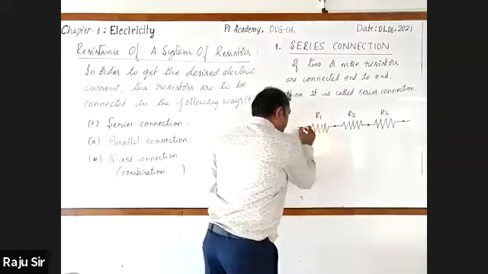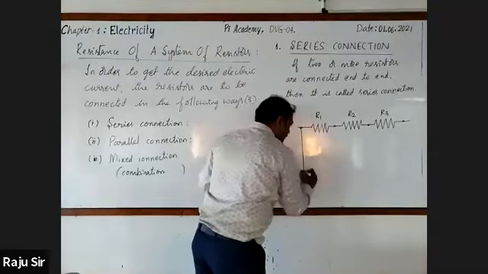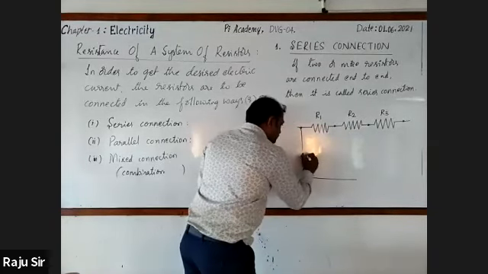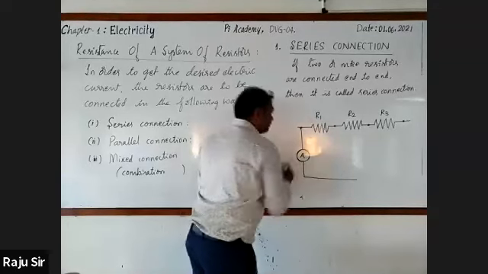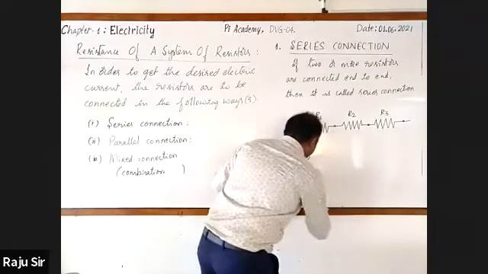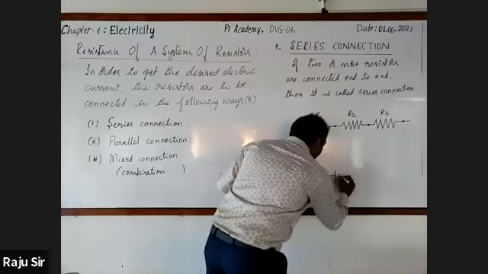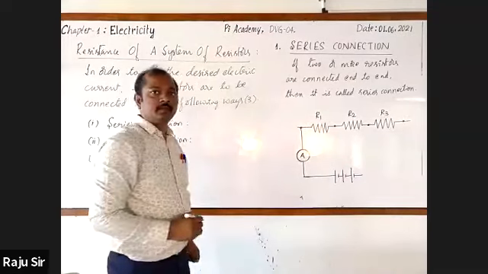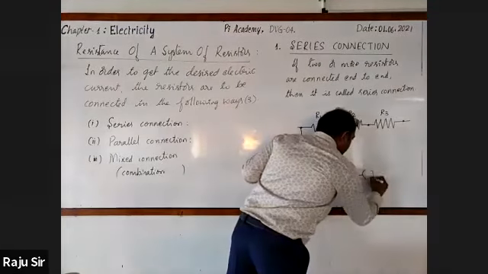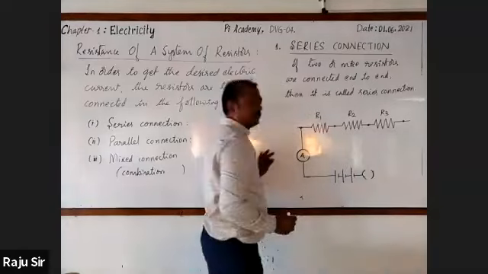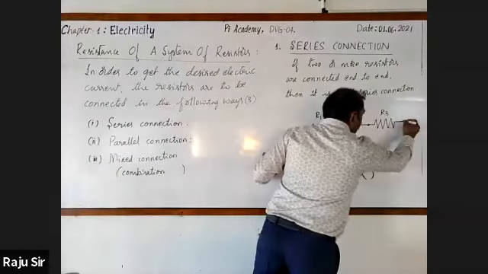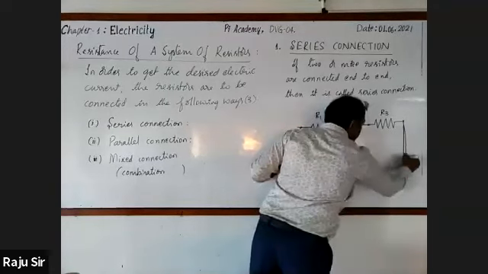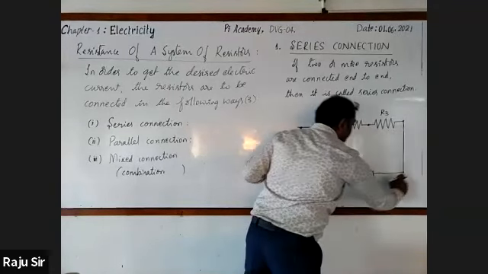So now let me complete the circuit. Here I connect the ammeter, here the battery, next the switch. Please remember, when you are connecting the electrical components, the switch should always be off.